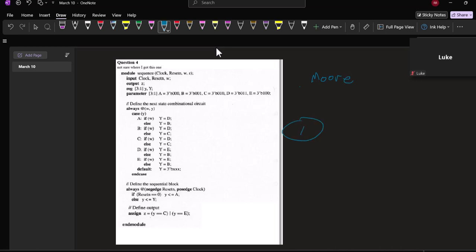So I've got my 5 states, A, B, C, D, and E, and I can already tell from my output that Z is going to be 1 only if I'm in state C or state E. So I can write Z equals 1 on C and E, and Z equals 0 on the other states.